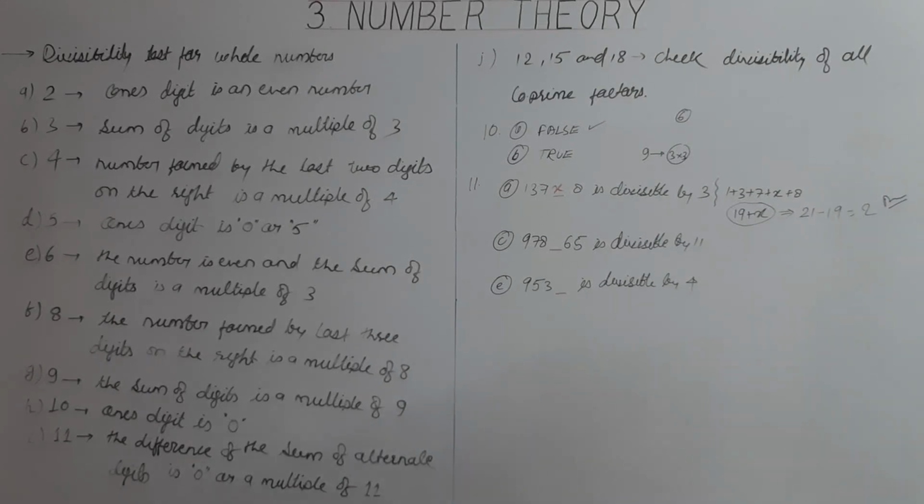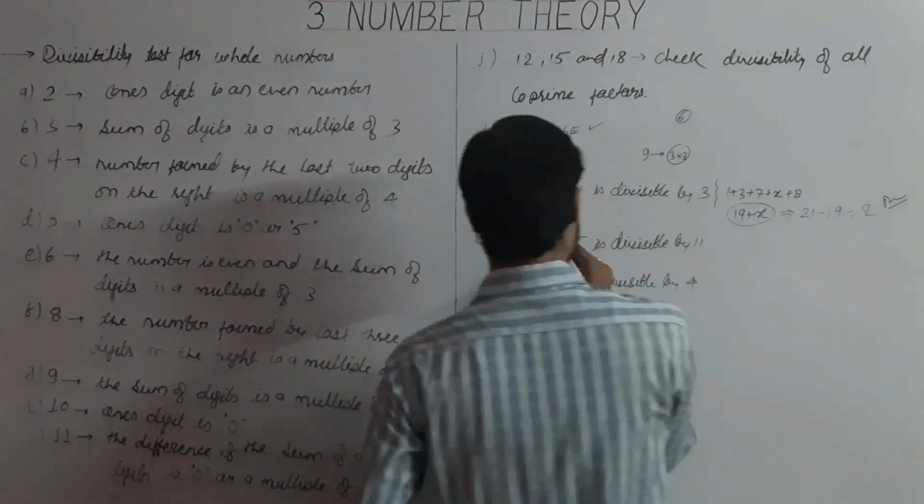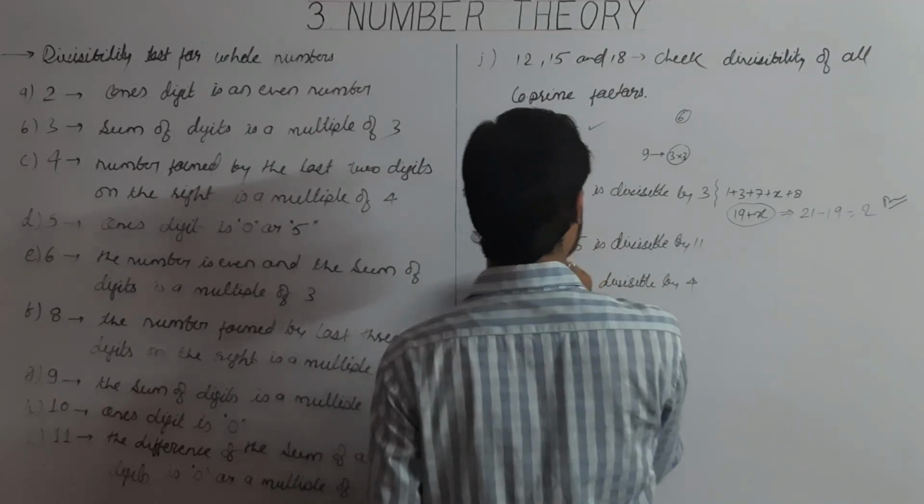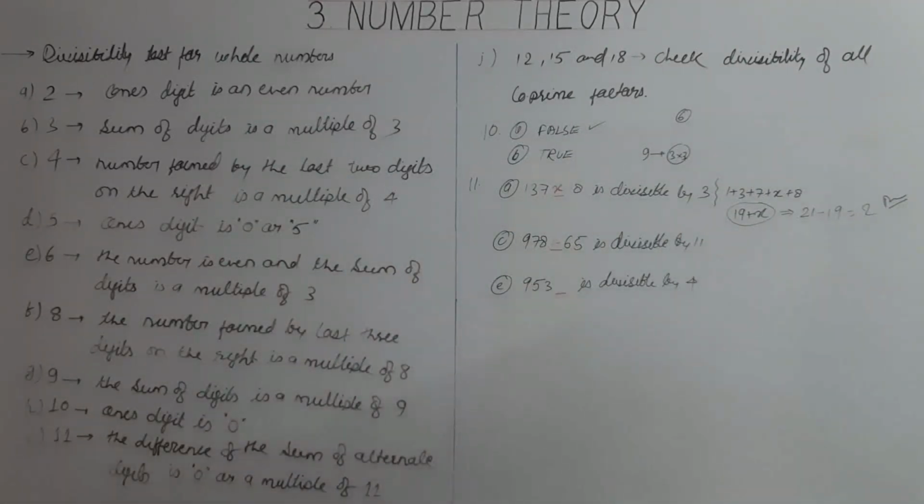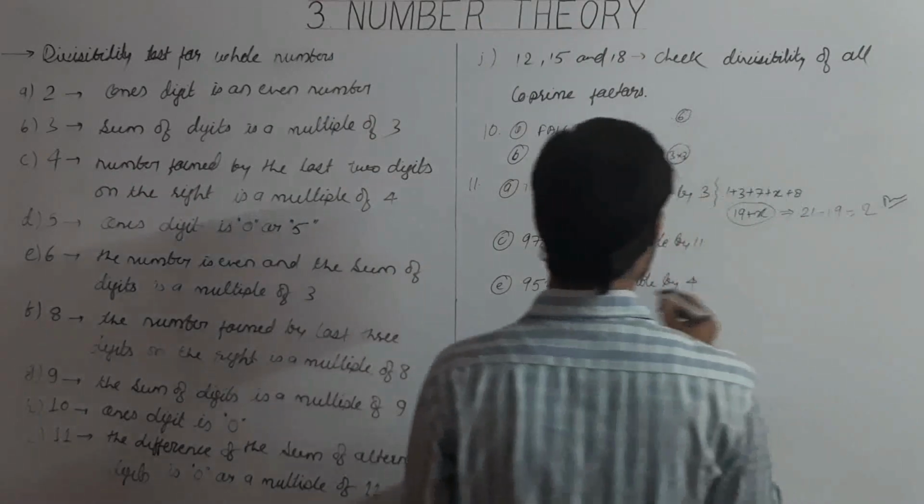Next number 978, say missing number is x, 65 is divisible by 11. So for 11, the difference of sum of alternate digits is 0 or a multiple of 11.